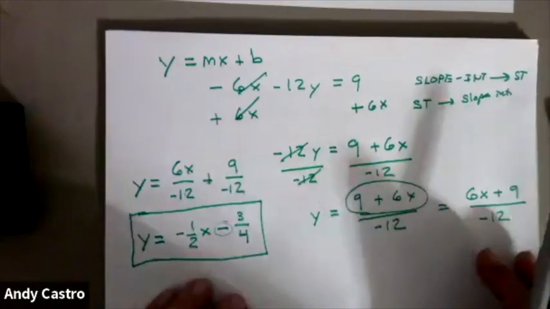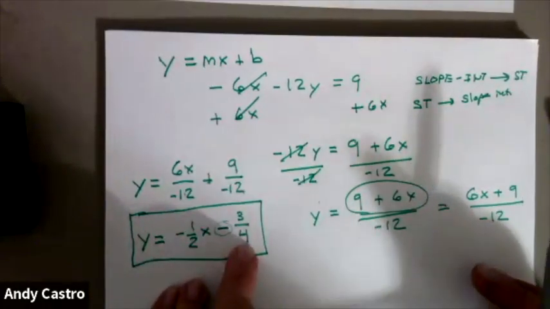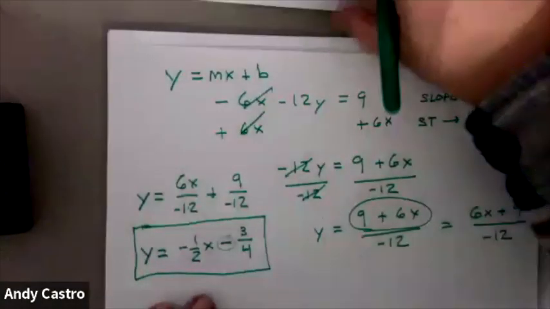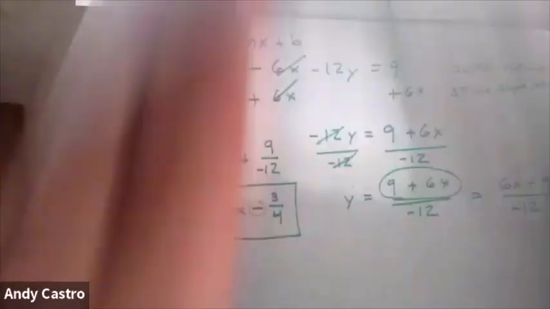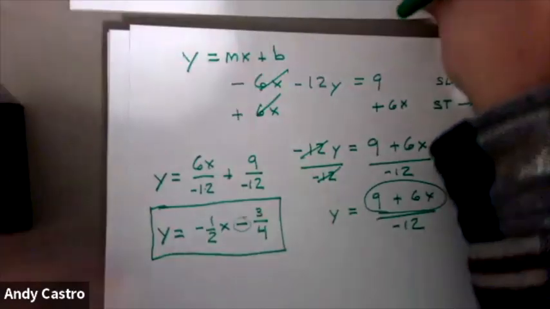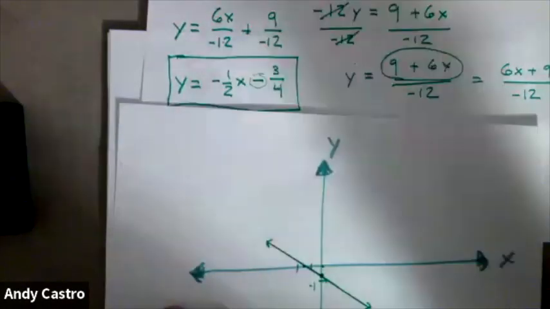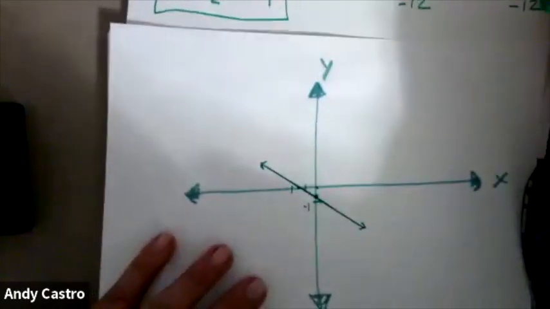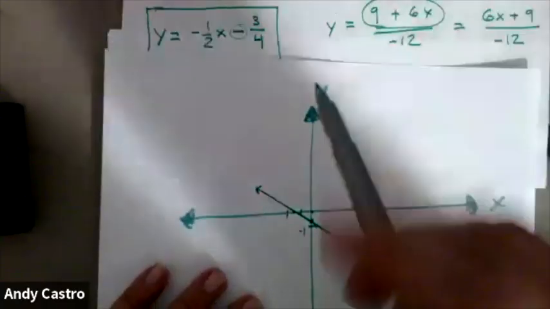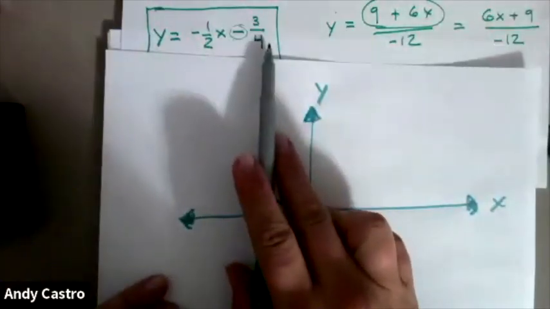So now I know my y-intercept, negative 3/4. So if I go back to my graph that I'd made before, and I find the y-intercept, okay, the y-intercept is negative 3/4.